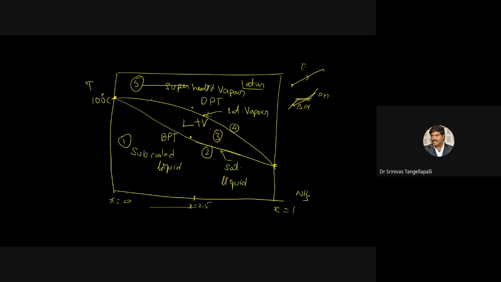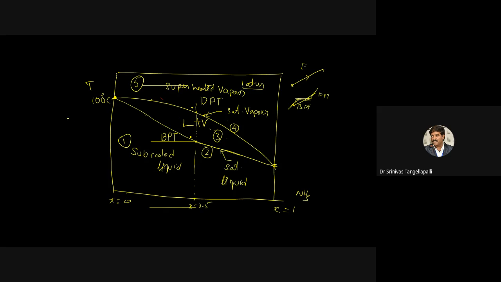Now in liquid plus vapor, if I draw a vertical line, x is equal to 0.5 for this entire vertical line. Between the bubble point temperature and dew point temperature, the mixture concentration is the same, 0.5 only.